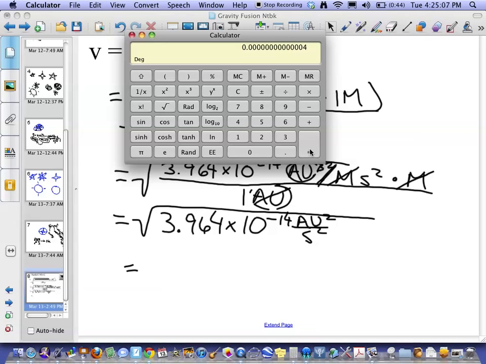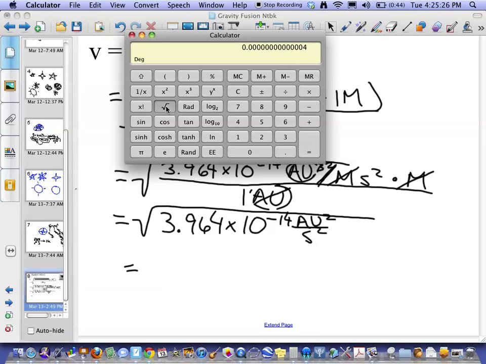What you see is what that number should be. So it's this 3.96 with 14 zeros to the left of it. So what I'm going to do is square root that.